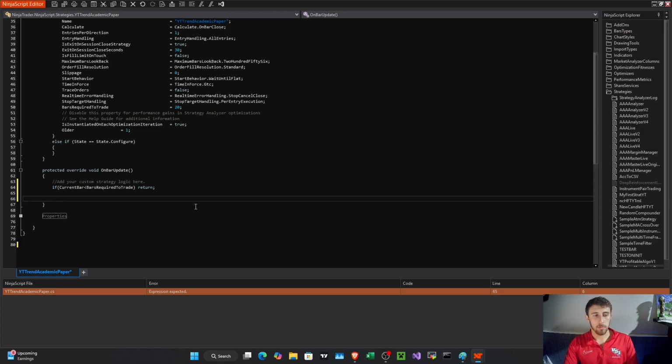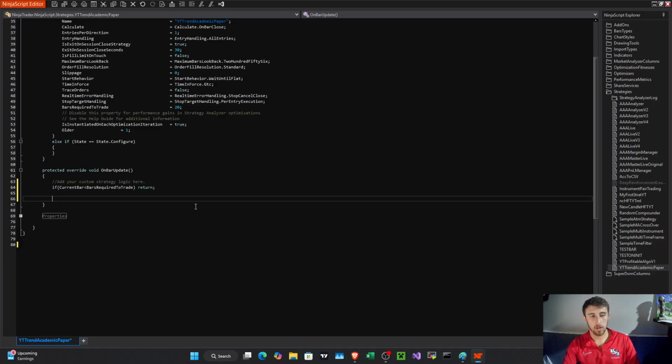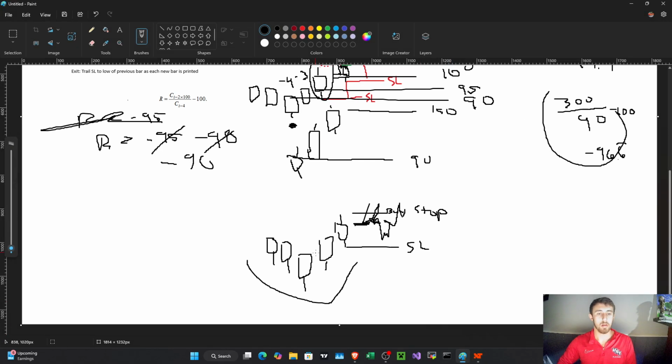The first thing we're going to do is iterate through 5 bars. So if we take close 0, that's the bar of this price.